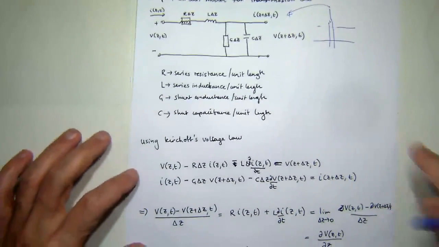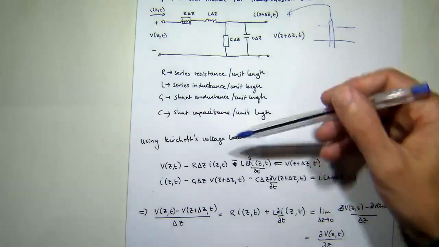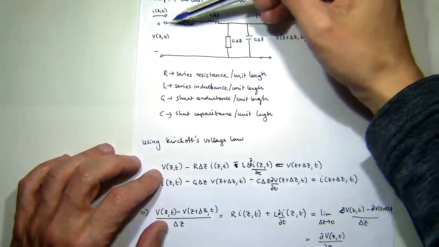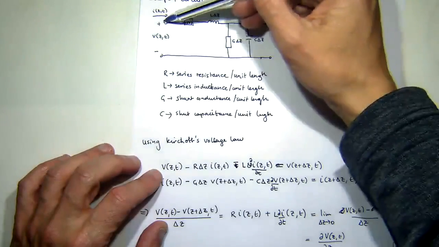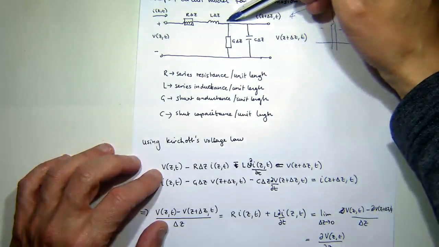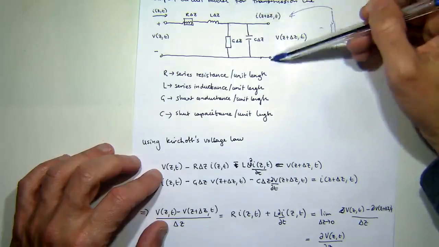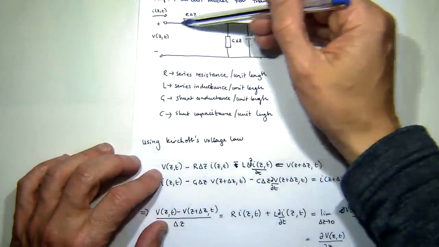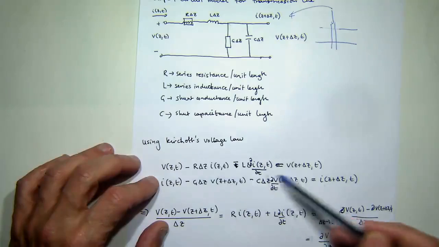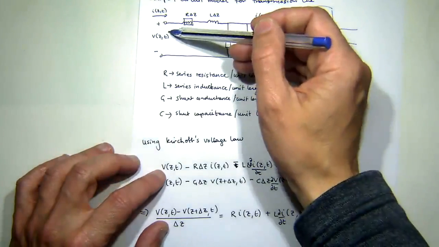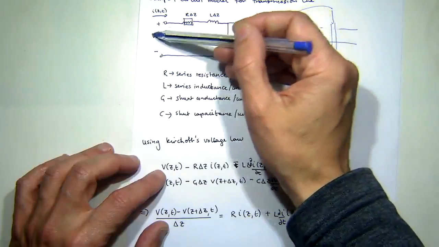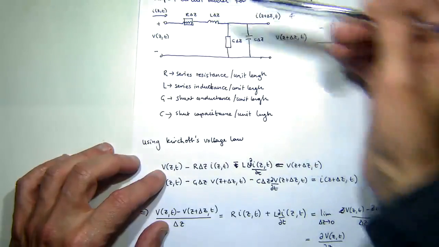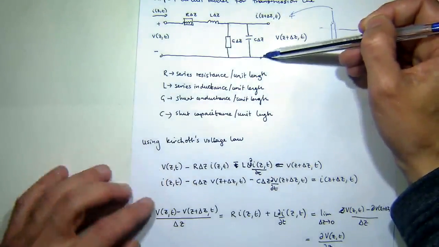So essentially, when we rewrite Kirchhoff's voltage law, all we're saying is that the voltage here plus the voltage drop is equal to the voltage here. That gives a relationship between the voltage, the current flowing through the resistor and the inductor, and the voltage at the output.